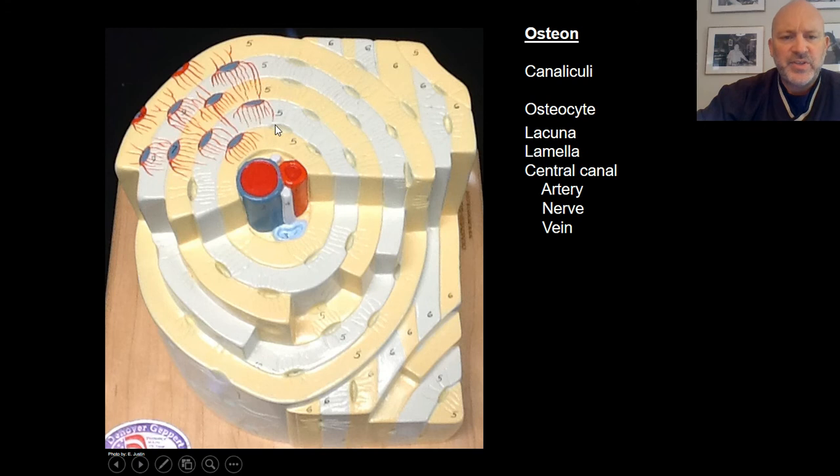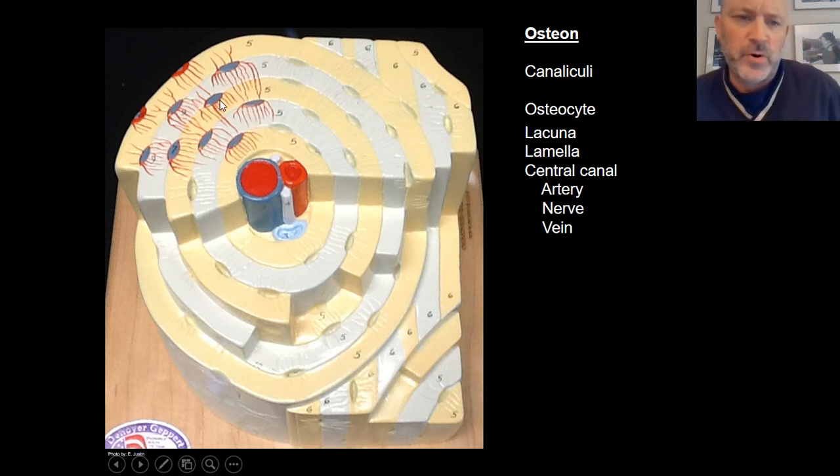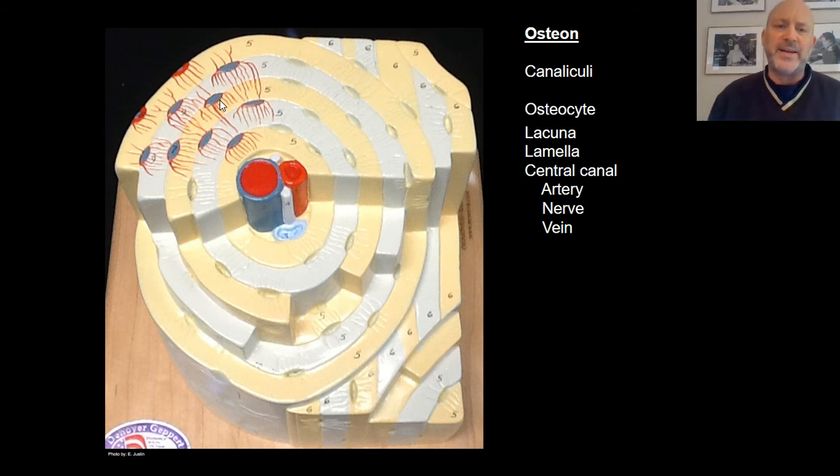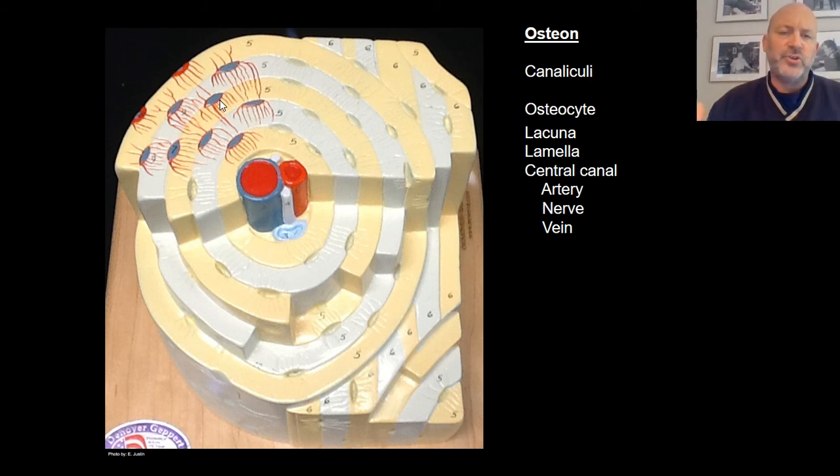See, what happens is before this bone was formed, these osteocytes were in their immature form. They were called osteoblasts. And what happened is they started to secrete their bone producing secretions called osteoid, right?